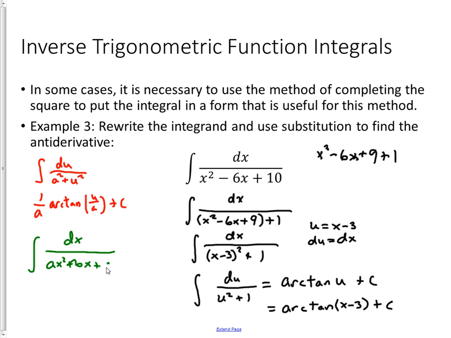When we see this sort of format, we're going to complete the square and use the format for our arctangent function to take the antiderivative. Right? So that's the plan right here. Let's see what we can do with that in class.